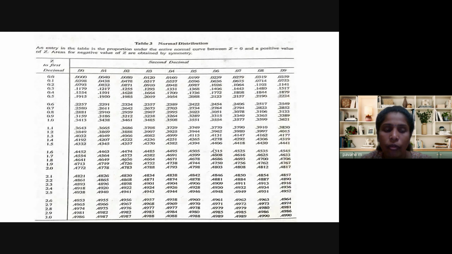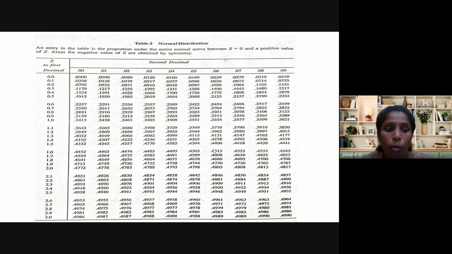So first, from the center 0, you have to take 0.25. You just draw a line at 0.25. You want the right side of that particular area, right? So you just get the value of 0.25 from the table.